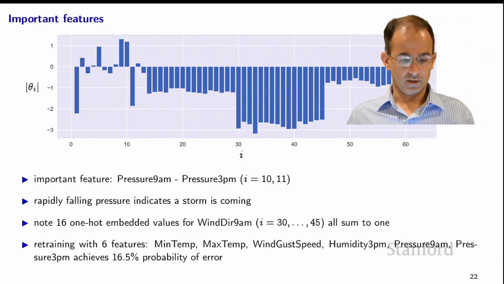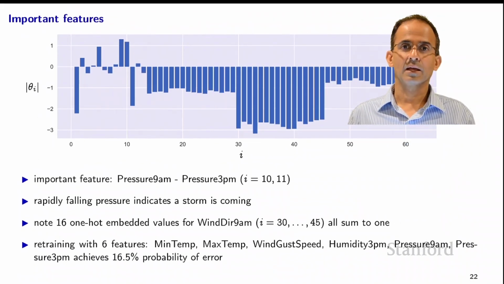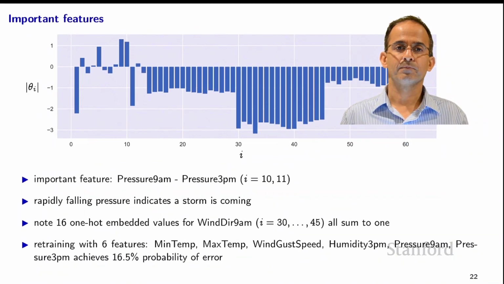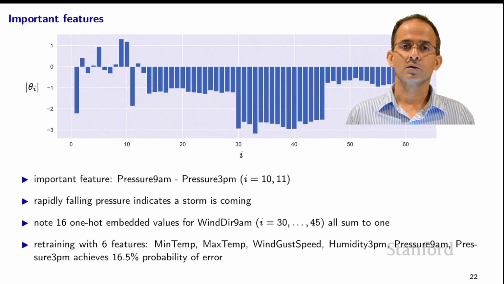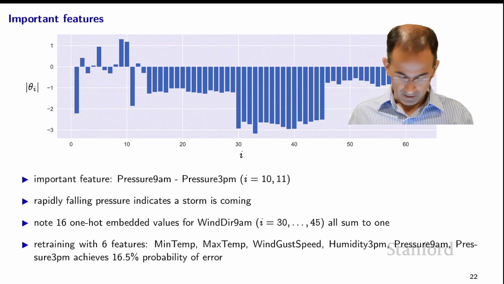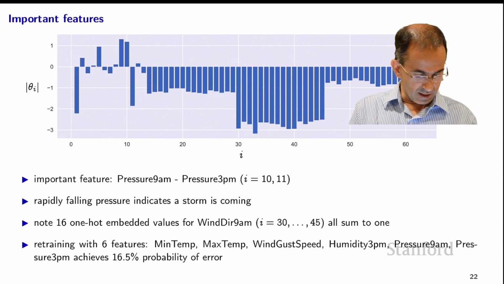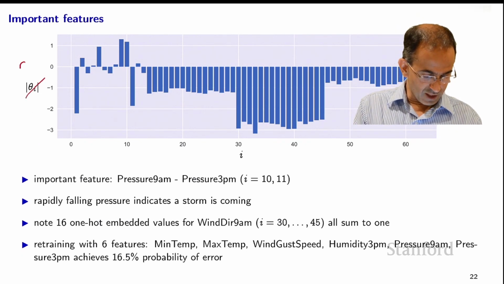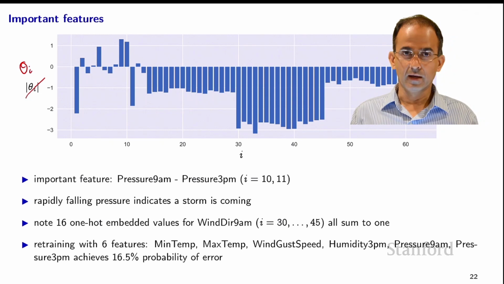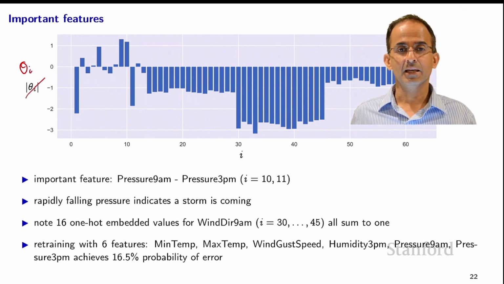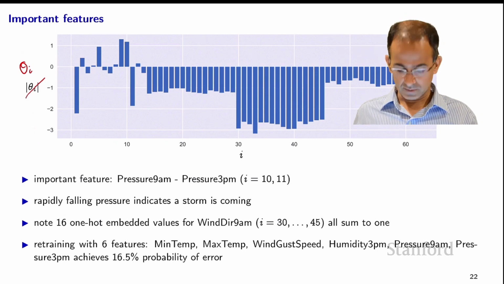Now, if we look at the minimum error predictor, and we look at its parameter vector theta, we can plot here the components of theta, theta i against i. This says absolute value of theta i. It's not, of course, the absolute value, it's just theta i. What we see is some large values and some small values.